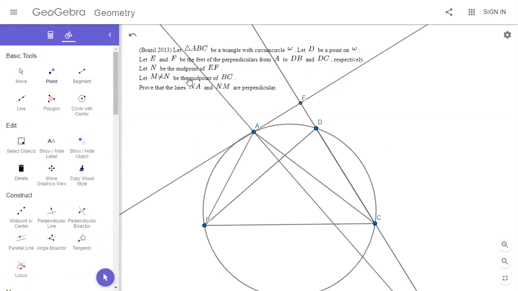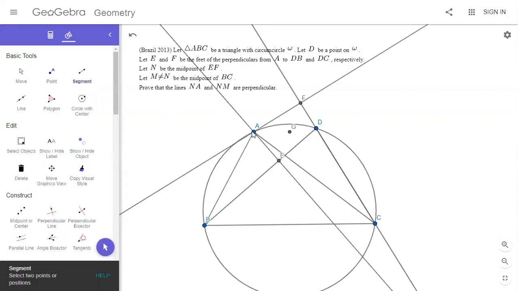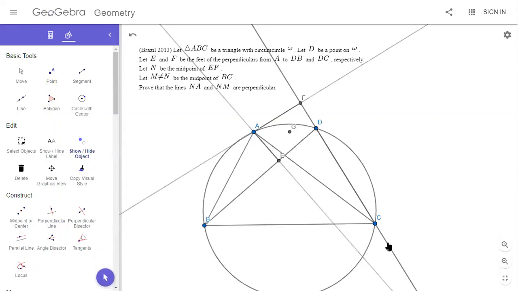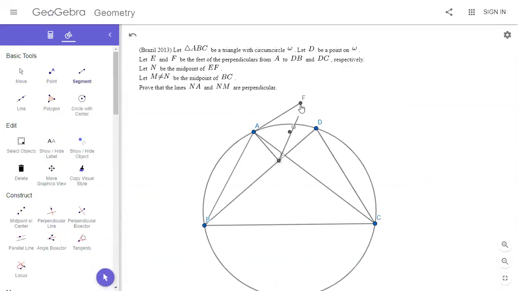We have the perpendiculars to DB and DC, E and F. N is the midpoint of EF. Simpson line.